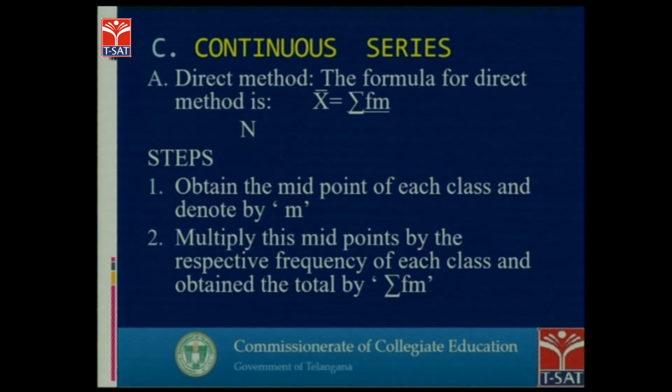Here n represents the total of frequencies, whereas in individual and discrete series it represents the number of observations. So that is an important point we have to remember. The formula for calculating mean in continuous series is x bar is equal to sigma fm divided by n.